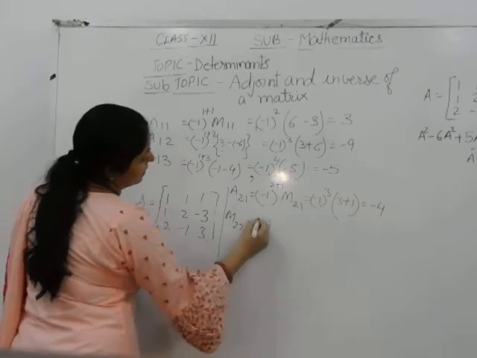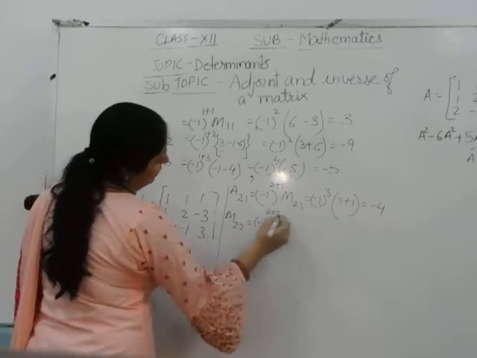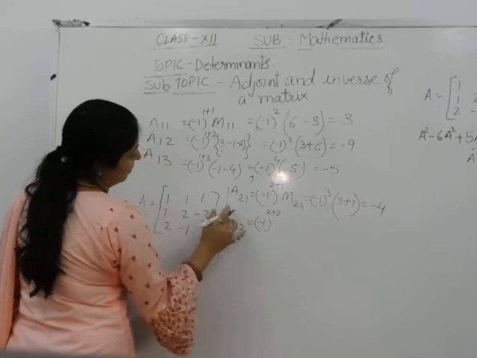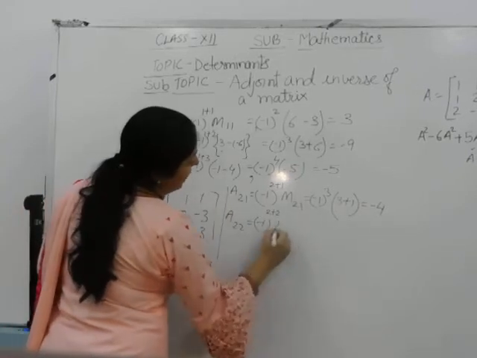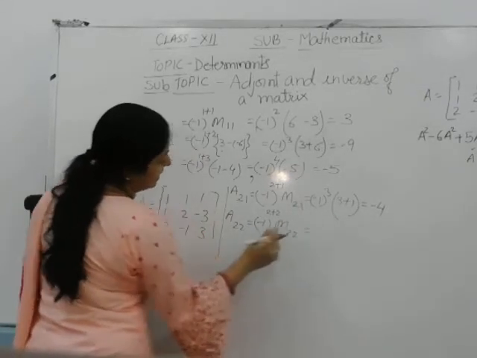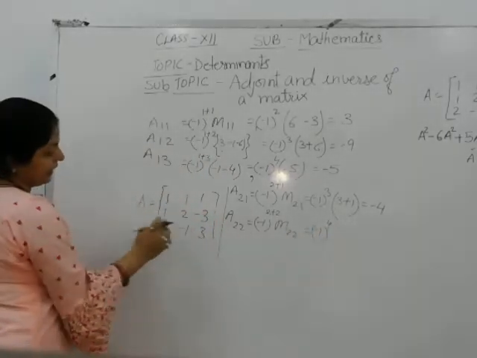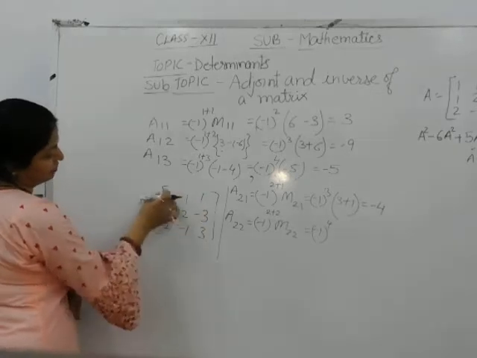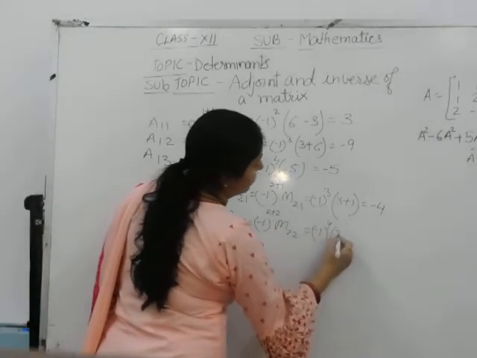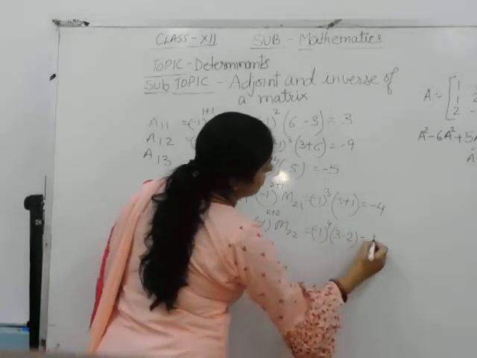A22 means minus 1 to the power 2 plus 2, M22. This is minus 1 to the power 4 and deleting the second row and second column, 3 and 2, 3 minus 2. This is only 1.